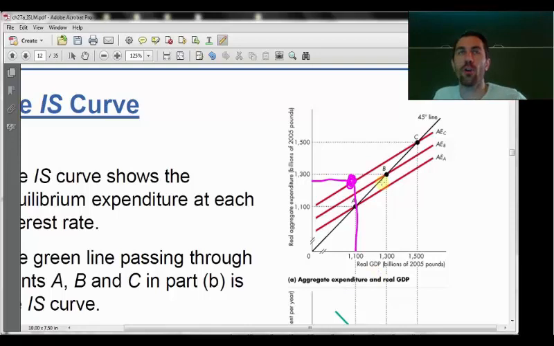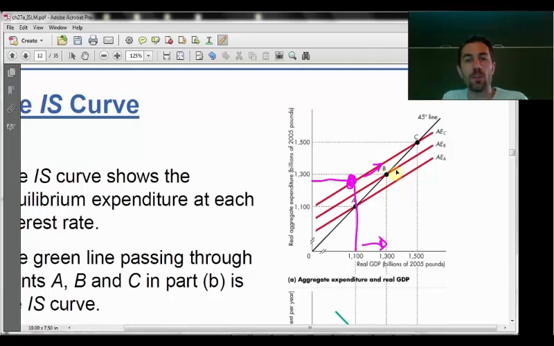It's a signal to firms. What should they do? They should start increasing production. As they start increasing production, GDP starts increasing. But remember, of course, with an increase in GDP, we also have an increase in aggregate expenditure. That increase in aggregate expenditure moves us to new points along aggregate expenditure curve C, AEC.